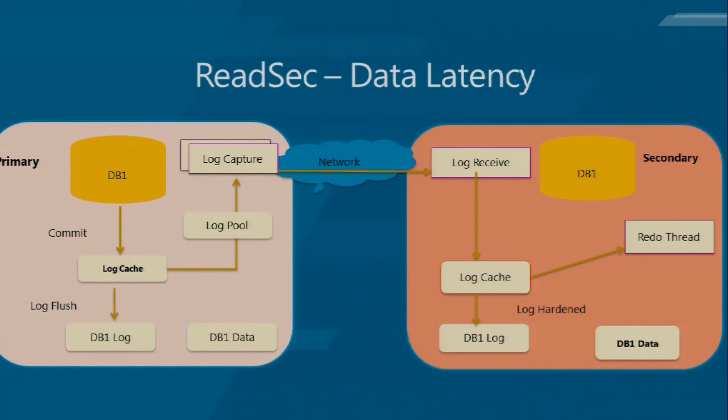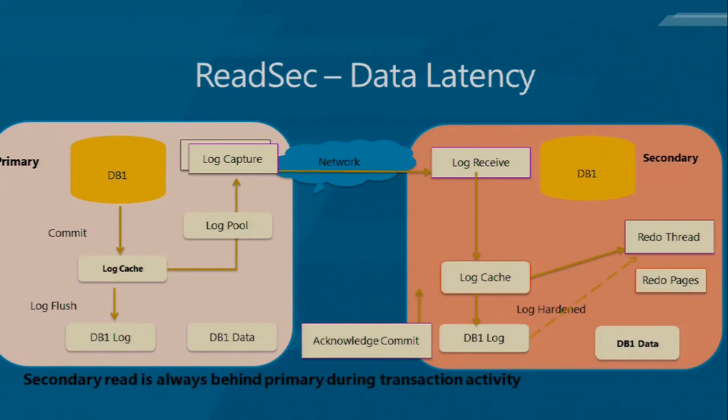However, only once the log is hardened on the secondary do we give an ACK back, and when we give this ACK back is when we commit the transaction. When this ACK reaches back to the primary, we commit the transaction to the user in synchronous secondary mode. Okay. However, redo has not completed, correct?